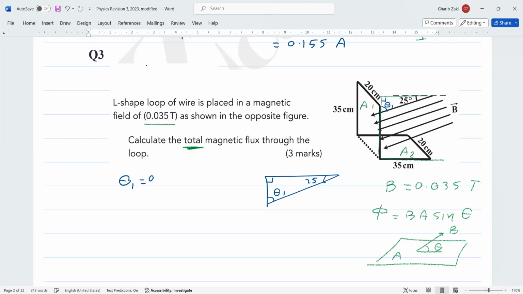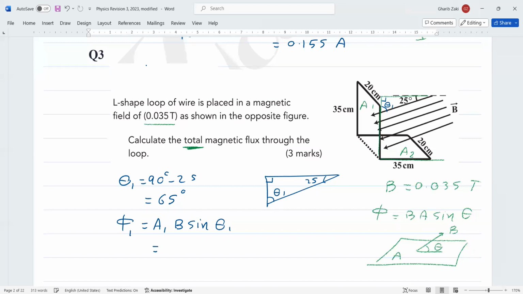Theta 1 equals 90 minus 25, so theta 1 equals 65 degrees. Now we can calculate phi 1, the magnetic flux through area 1. So we can use A1 B sine theta 1.